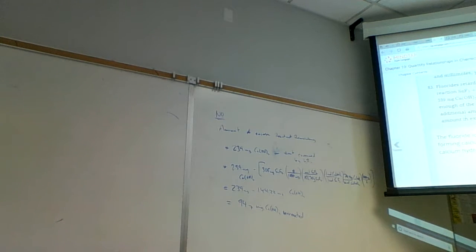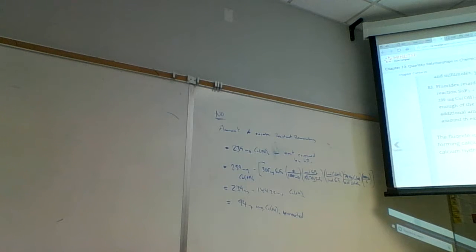And so the extra calculation is we have 94.7 milligrams of unreacted calcium hydroxide. And this is going to require how many milligrams of stannous fluoride or tin 2 fluoride to react with that excess. And so one final stoichiometry calculation is just going to be 94.7 milligrams of calcium hydroxide.